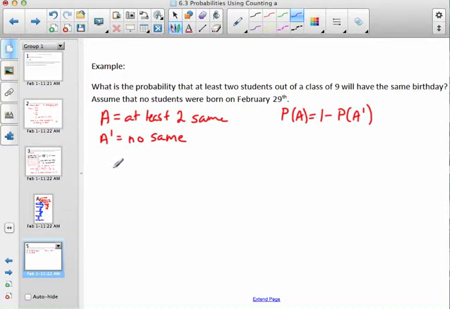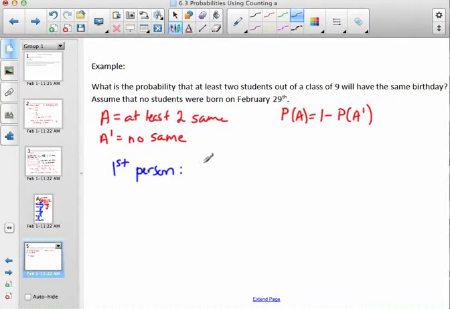We have 9 people. The first person, or in other words, 1 person. How many ways can 1 person have a birthday that no one else has? Well, if it's just 1 person, they're the only person in the room.